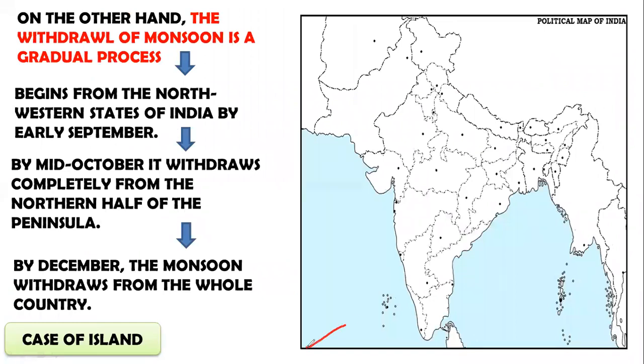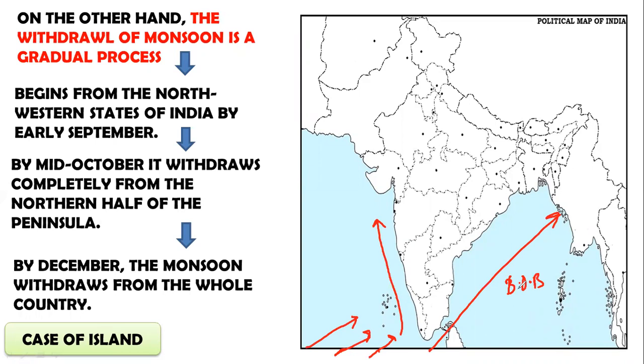The southwest winds are basically coming from the Arabian Sea or Indian Ocean, and when they enter India, they divide into two branches. One is the Arabian Sea branch and the other that moves straight towards the northeast is the Bay of Bengal branch.